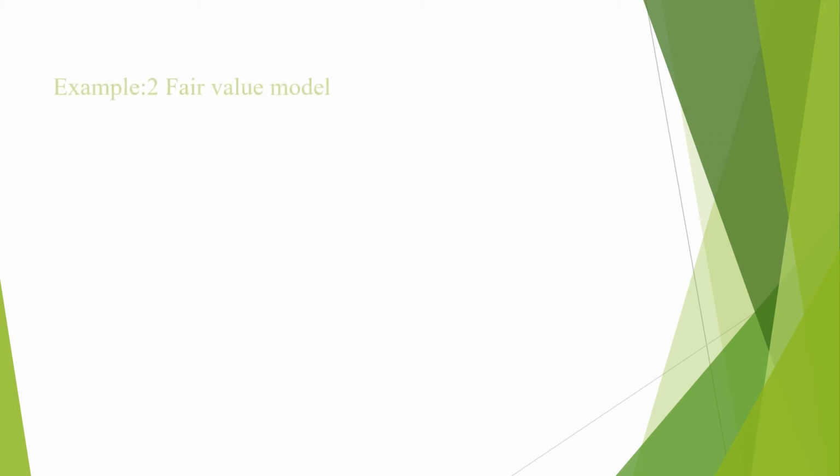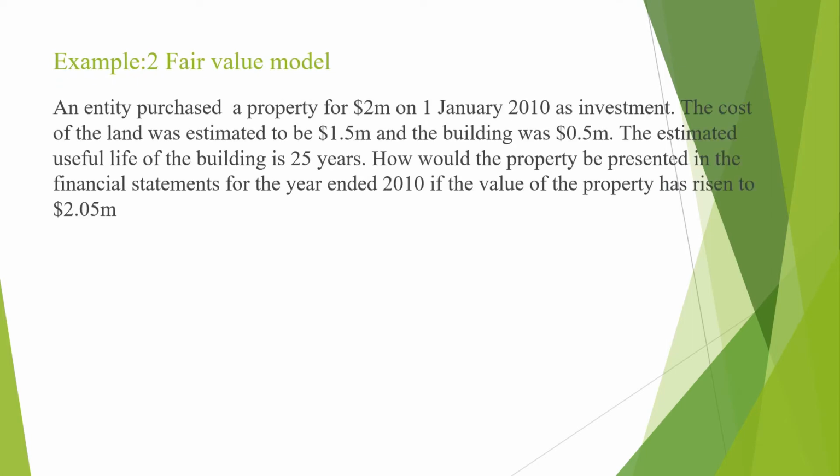Now let's look at an example where the fair value model is used. I'm taking the same example. An entity purchased a property for 2 million on 1st January 2010 as investment. The cost of the land was estimated to be 1.5 million and the building was 0.5 million. The estimated useful life of the building is 25 years.